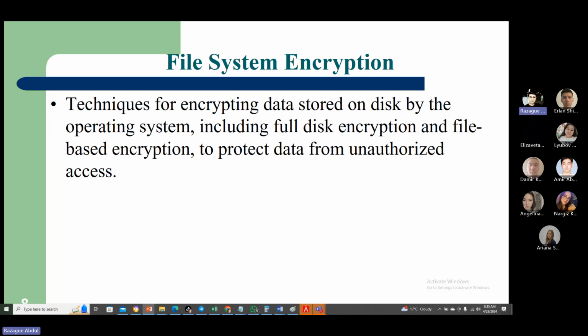So it's especially important in scenarios where physical security cannot be guaranteed, such as with laptops or external hardware drives that can be lost or stolen. So the encryption serves as the last line of defense by ensuring that data remains protected even if a storage medium falls into the wrong hands.